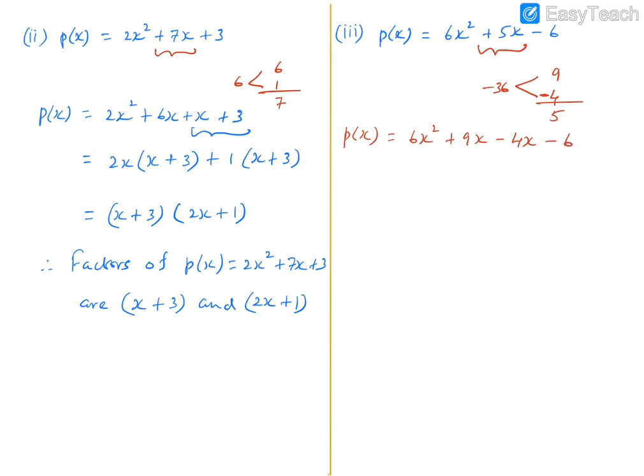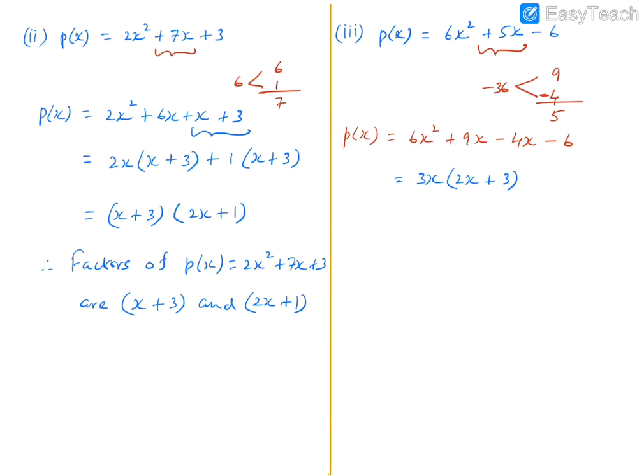Okay, so now we just have to take some common terms. So between 6x squared and 9x, what is a common term we can take out? We can take out 3x as a common term. If we have 3x as a common term, 3x into 2x will give us 6x squared, and 3x plus what will give us 9x, plus it has to be 3.